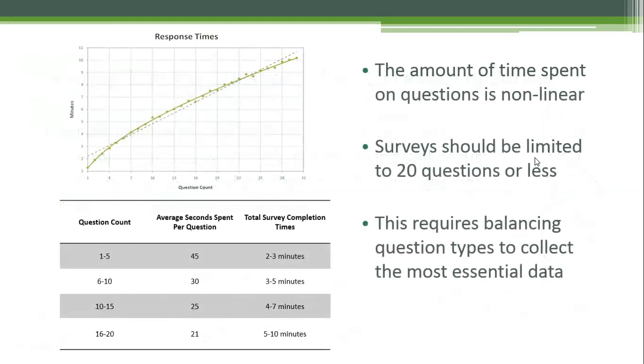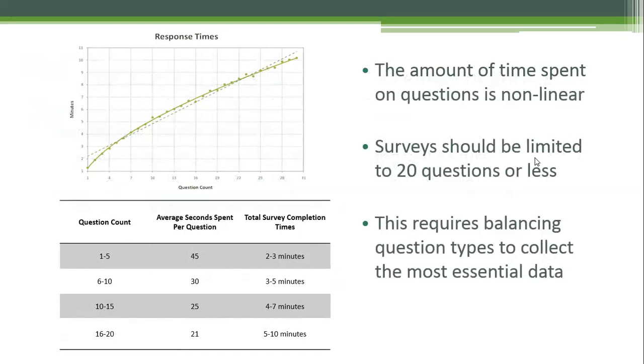So here are some graphs showing response times correlating to question counts. You would think it'd be linear, but as you can see, the more questions you ask, the less time people spend on the surveys, regardless of how much each question would take. On the bottom left graph, with a question count from 1 to 5, the average seconds spent per question is 45.